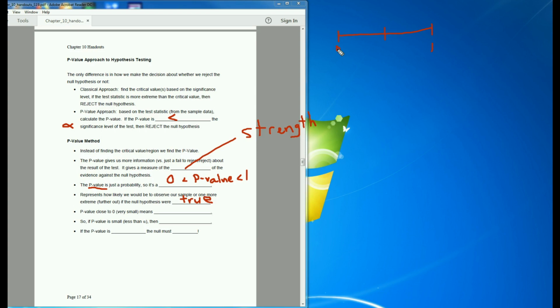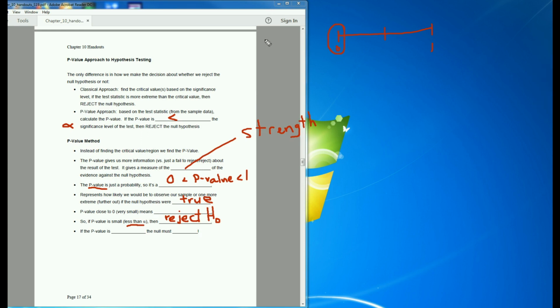Okay? So if our p-value is down here close to 0, then it is highly unlikely that the null hypothesis is true. So in other words, if your p-value is small, if it is close to 0, and specifically if it is less than alpha, then you reject the null hypothesis. Okay?